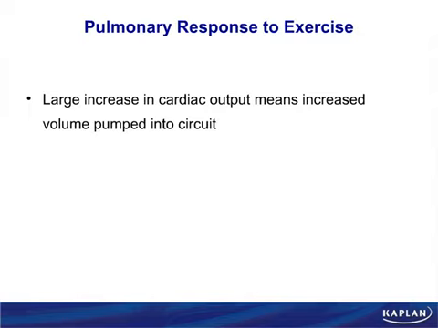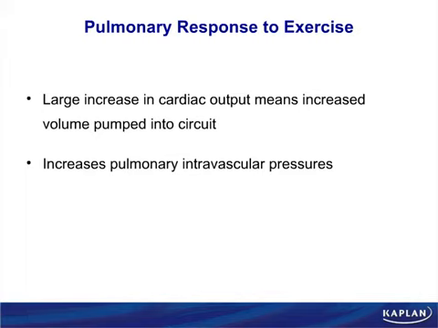Exercise. Beautiful example to work with the pulmonary circulation. We've got a big increase in cardiac output. Well, that means a big increase in the volume of blood pumped into the pulmonary circulation. The entire cardiac output goes there. If nothing changed resistance-wise, this would cause large increases in intravascular pressures in the pulmonary circulation.